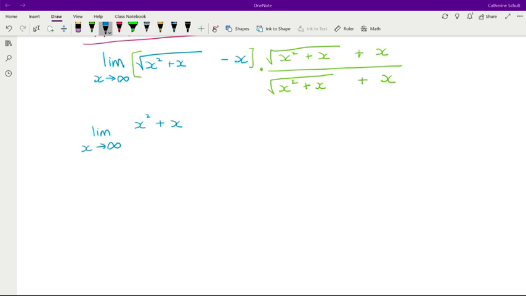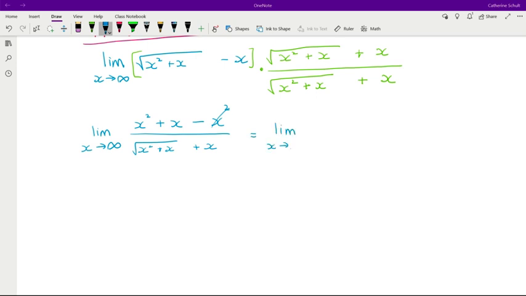So here's your a squared minus b squared. In this case, it's going to be x squared. And then on the bottom, we have that in green. All right, so the x squareds cancel.